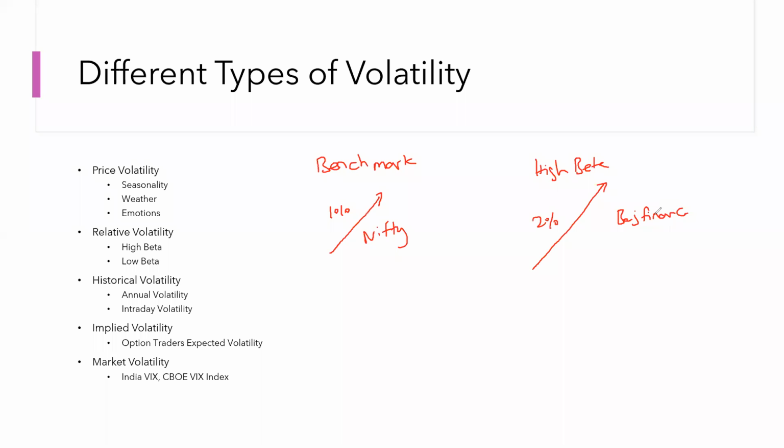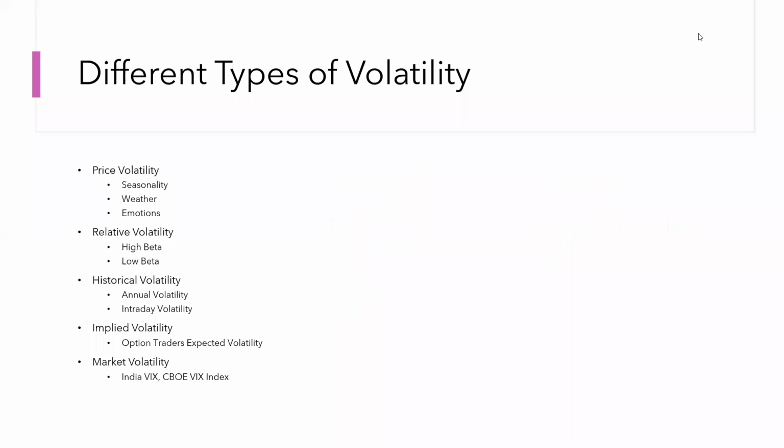Those kinds of stocks are mostly highly volatile. At least in the last couple of months, it has been extremely volatile, and still is compared to Nifty. If Nifty moves up 1%, Bajaj Finance moves up by 3% or 4%, or if Nifty moves down by 2%, Bajaj Finance shows extreme volatility on the downside. There are low beta counters as well, for example Power Grid.